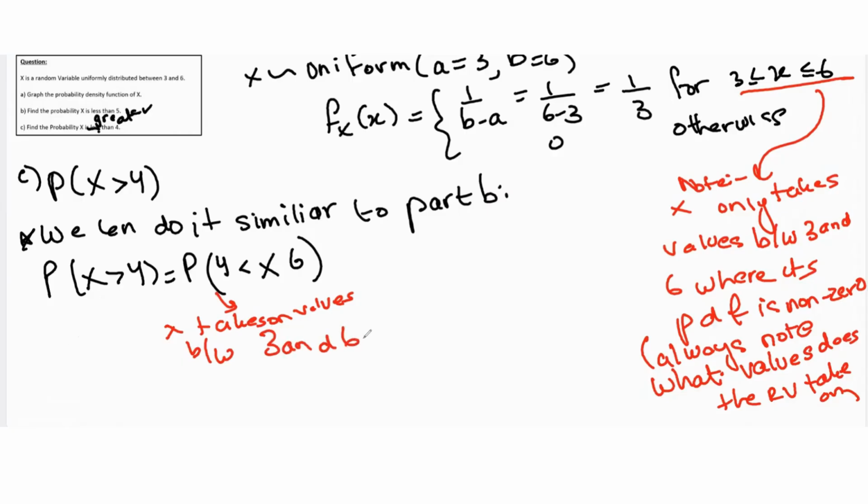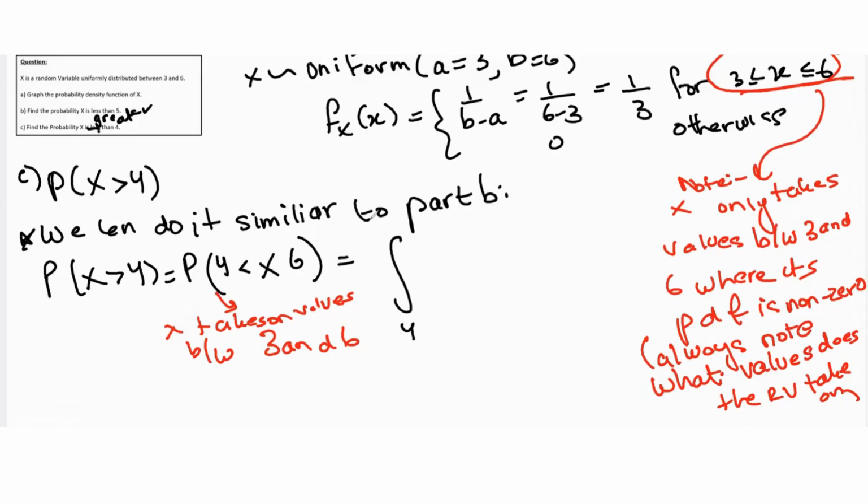This is why, again, it's important to keep in mind the values the random variable takes on. For continuous random variables, it takes on values where the PDF is non-zero. So since it takes values between 3 and 6, we can write the probability X is greater than 4 as the probability X is between 4 and 6. That's what's important to keep in mind: what values does your random variable take on?